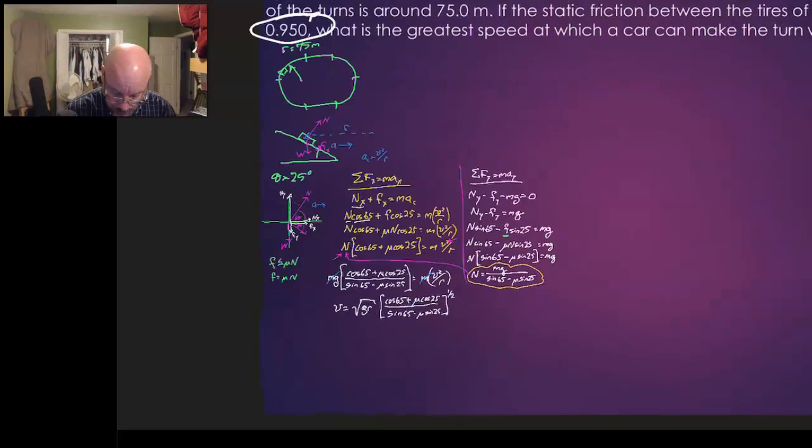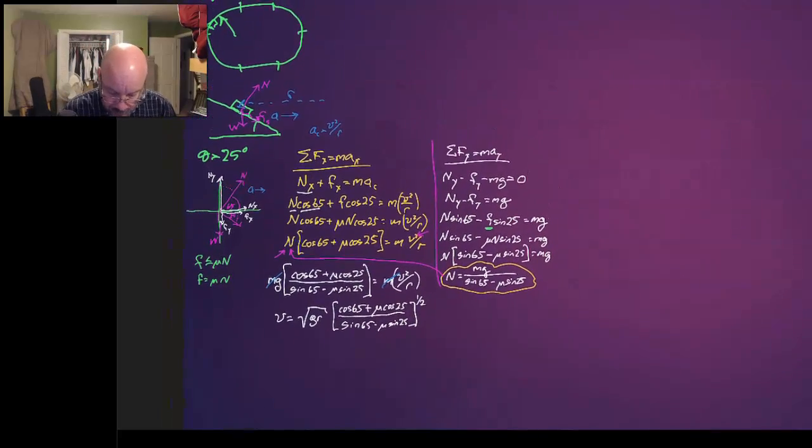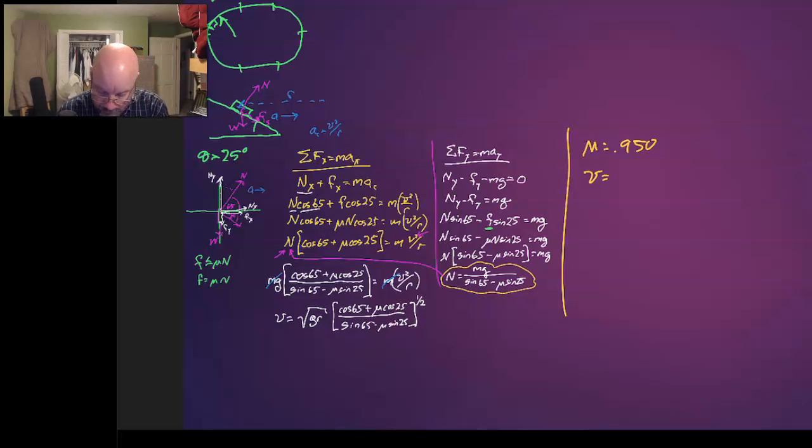Okay, so if you plug in mu equal to 0.95, what you end up getting for that maximum speed is 43.3 meters per second. Okay, now that's not all that fast. That's about 97 miles an hour.